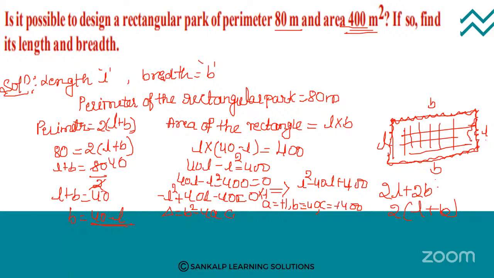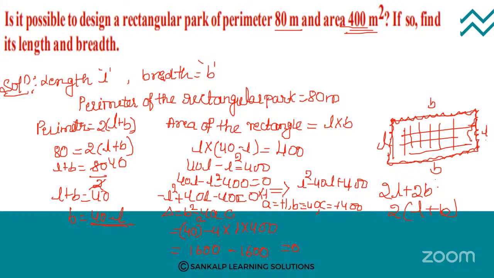So B square minus 4AC. Value of B is 40, whole square, minus 4, A value is 1, C value is 400. So 40 square, that is 1600, minus 4 into 400 is 1600, into 1, 1600 only. 1600 minus 1600 is equal to 0. So that means two equal roots exist.